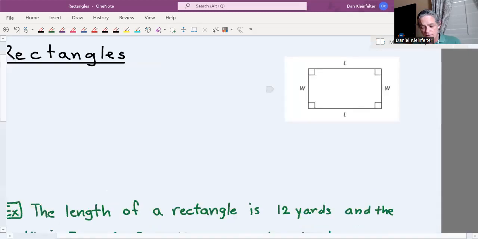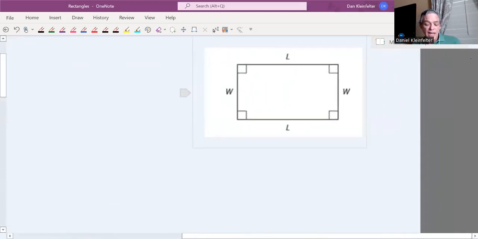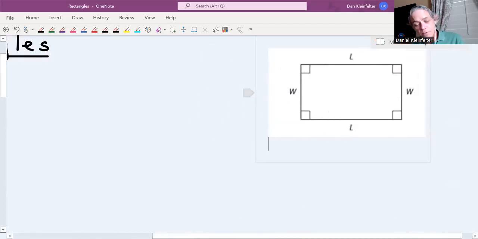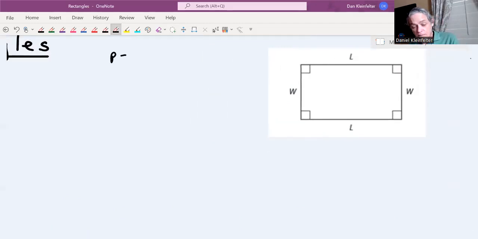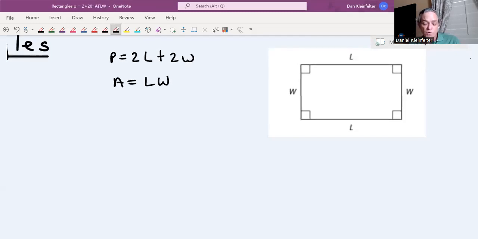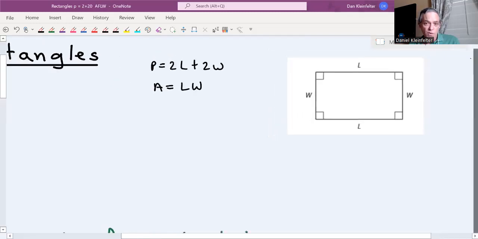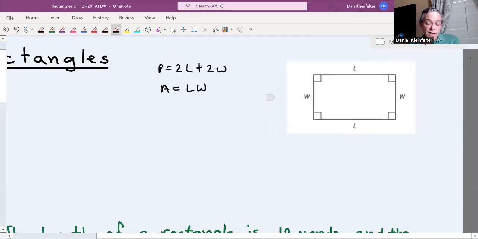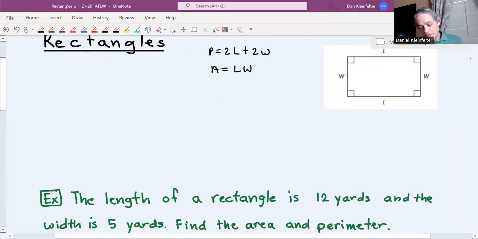Here in the drawing, we have 2 sides of length L and then 2 sides of length W. That will tell us, by the way, that the perimeter, distance around, is 2 L's plus 2 W's. The area for a rectangle is length times width. So those are the 2 formulas that we're going to need, just perimeter and area. For a rectangle, the angles are all 90 degrees.